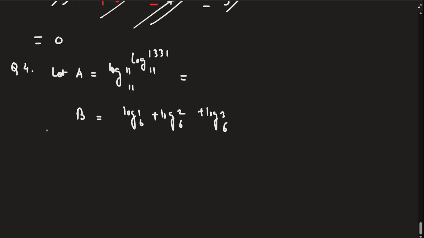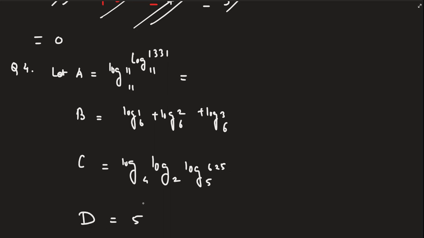C value: log of 4 base 4, log 2 and 5 to 625. D value: 5 to the power log 16 base 25. They are asking what is the ratio of A, B, C and D. ABCD ratio we want to calculate.